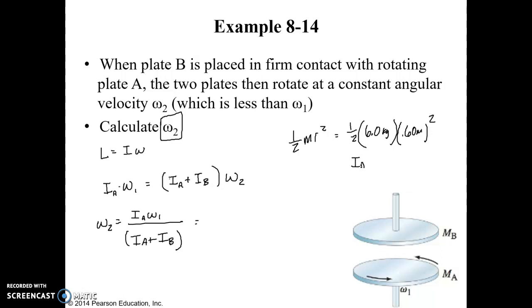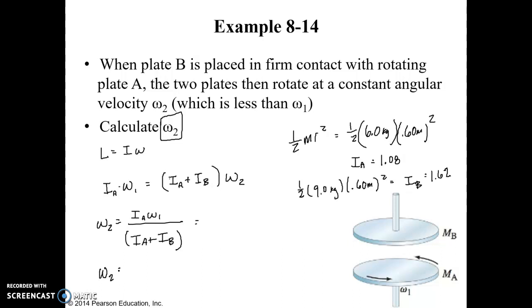So moment of inertia for A is equal to 1.08, and moment of inertia B is going to be 1/2 times its mass, which was 9.0 kilograms, and it has the same radius of 0.60 meters, squared. So the moment of inertia for cylinder B is 1.62.